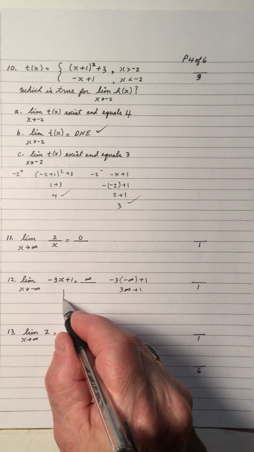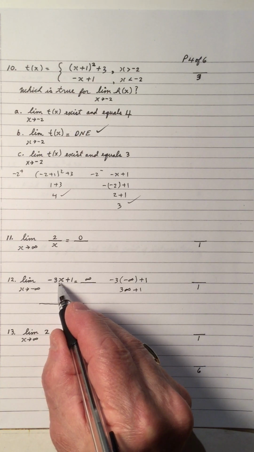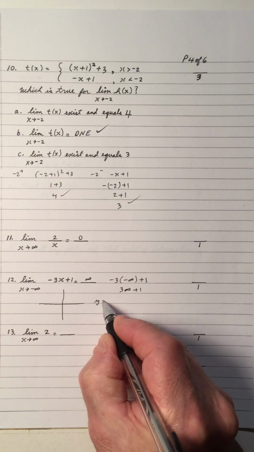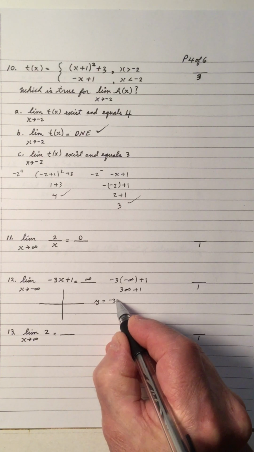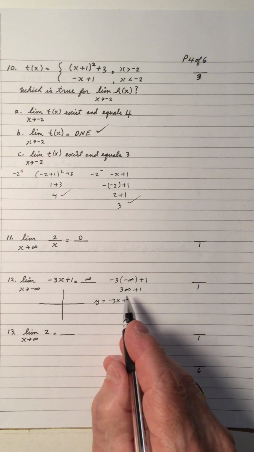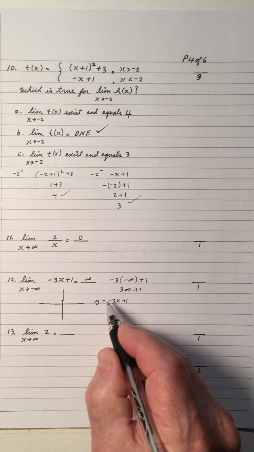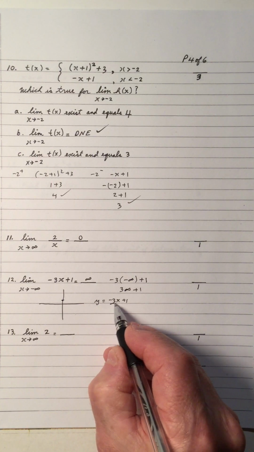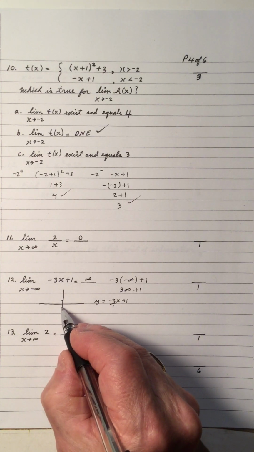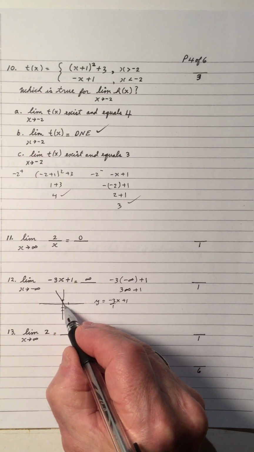Let me explain that another way too. This can be written in terms of y: the y-intercept is 1, and the slope is negative 3 over 1, so down 3, right 1. So this is the line.